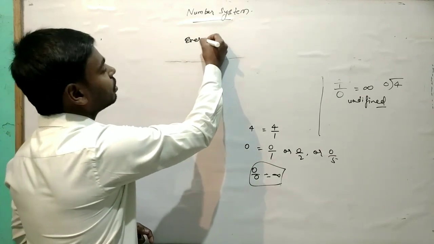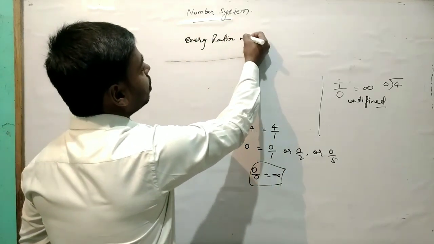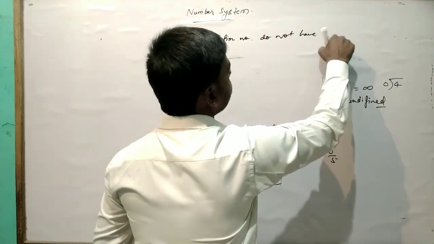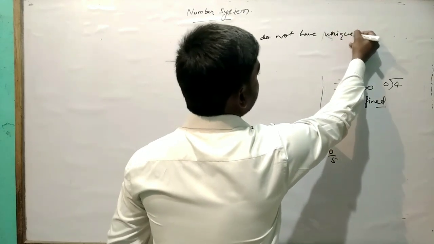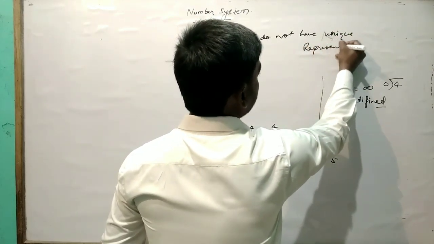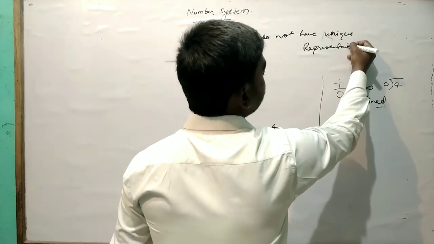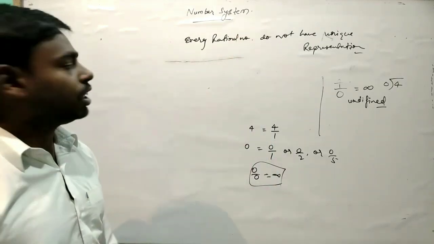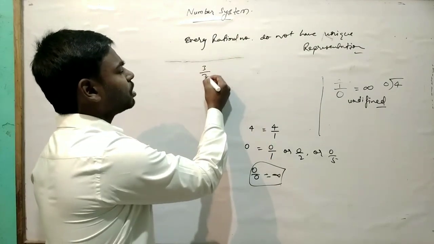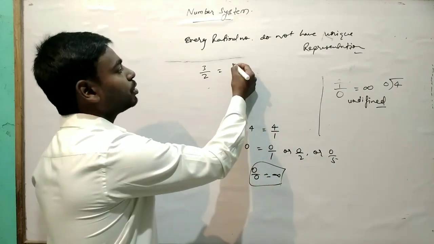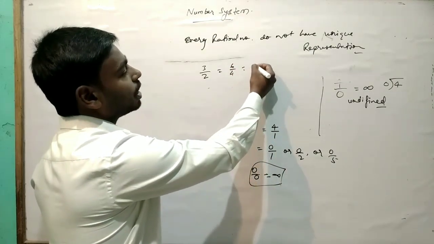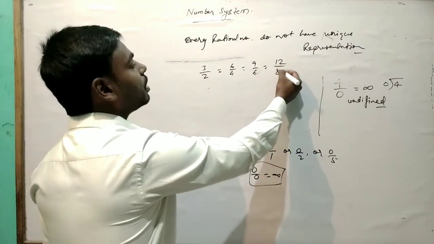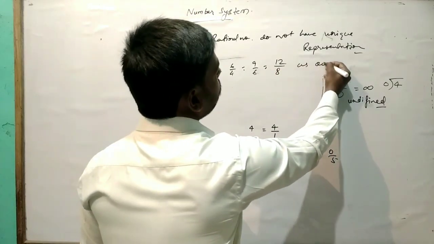Every rational number does not have a unique representation, because 3 by 2 can also be written as 6 by 4, also written as 9 by 6, also written as 12 by 8, and so on.